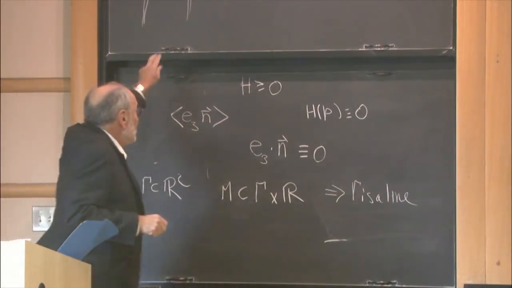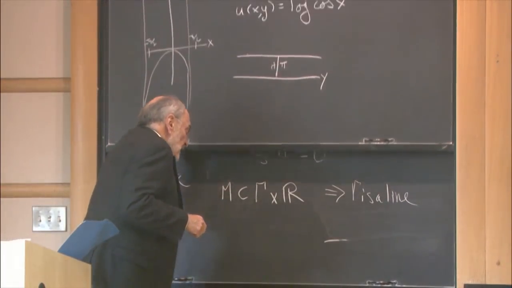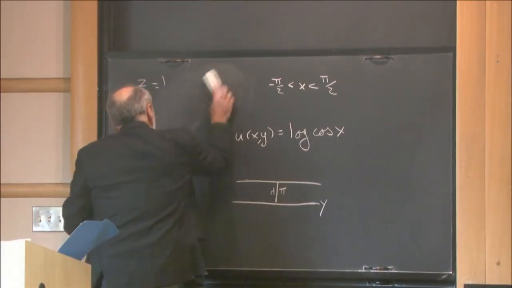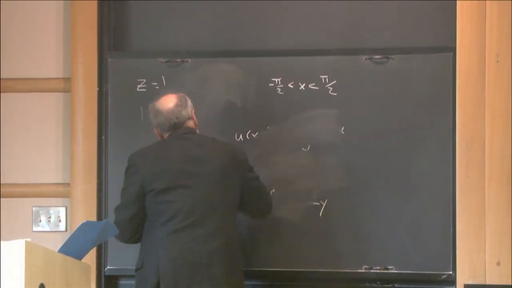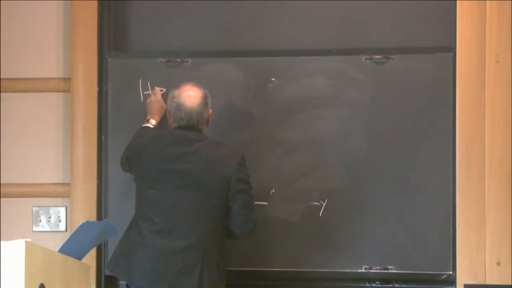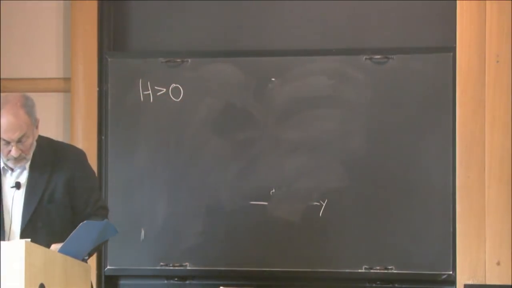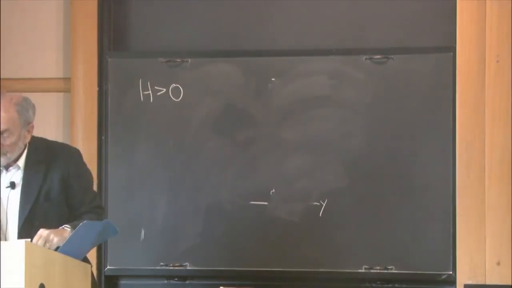So that means that if we're on a graph, and the graph is not a vertical plane, we can assume that H is greater than 0 everywhere.